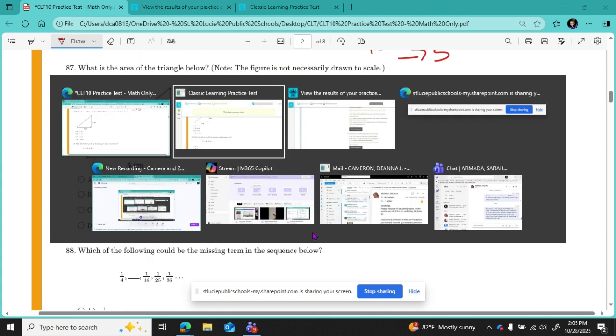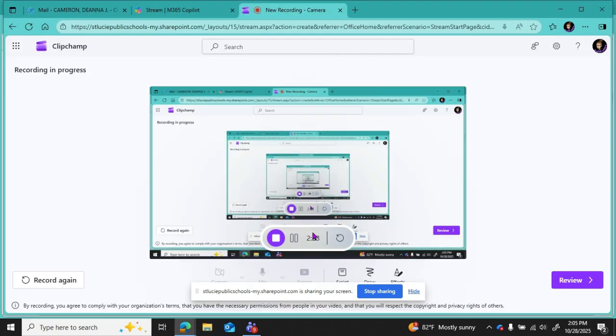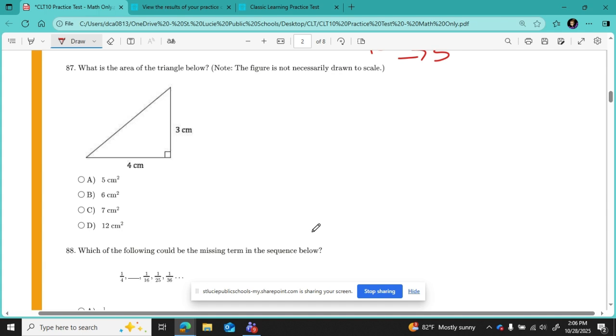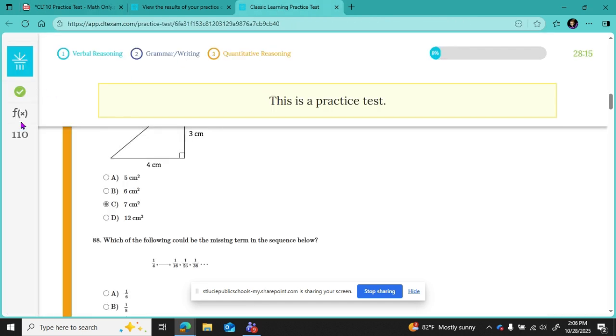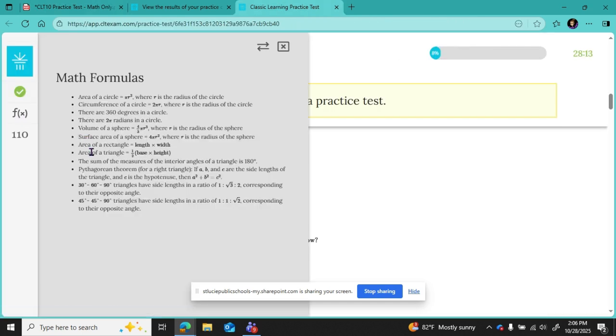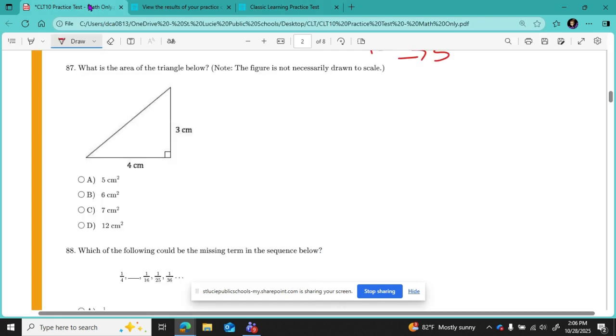And then, let's see. Question number 87 says, what is the area of the triangle below? And if you look on the test, it does give you the formula for area of a triangle: 1/2 base times height. Area of a triangle: 1/2 base times height.